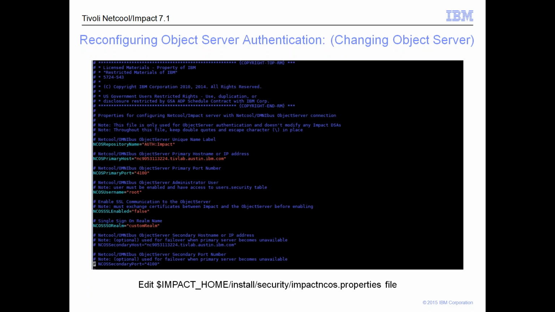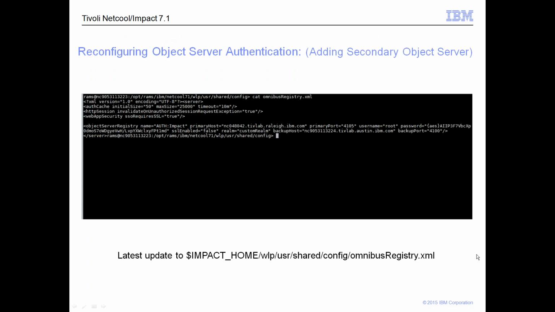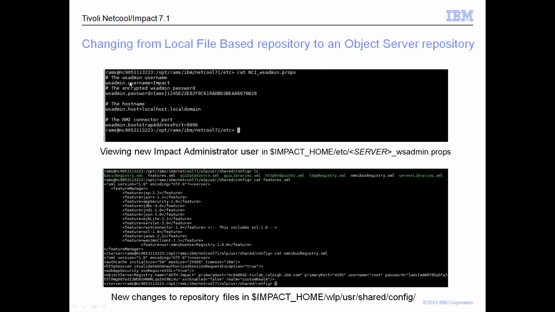The local file-based user, impact administrator, is just the administrative impact user that's defined for local file-base. And back to the object server user, let me go back on that. Sorry. So again, your administrative user is going to be defined in here.